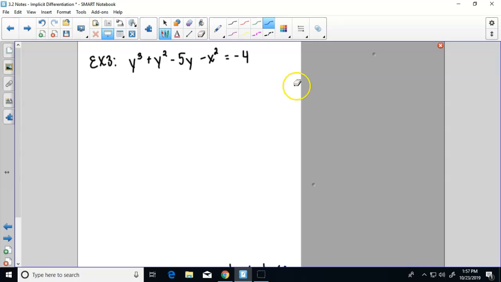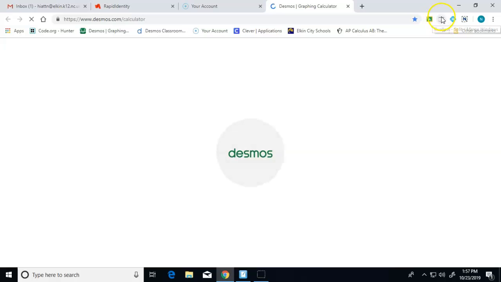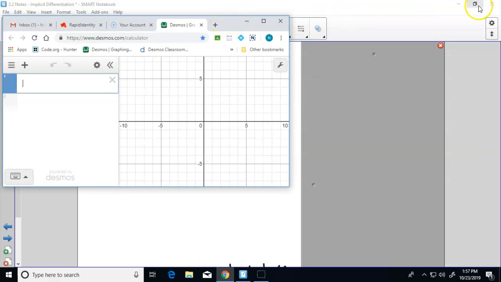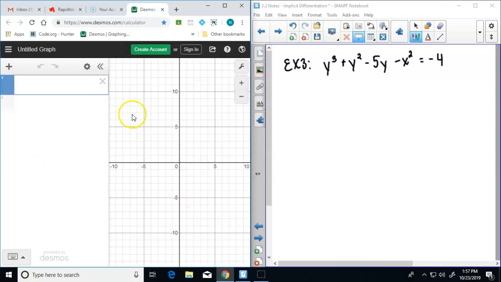So I would like for us to graph this real quick. The great thing about Desmos is it will graph this stuff. Your calculator will not.